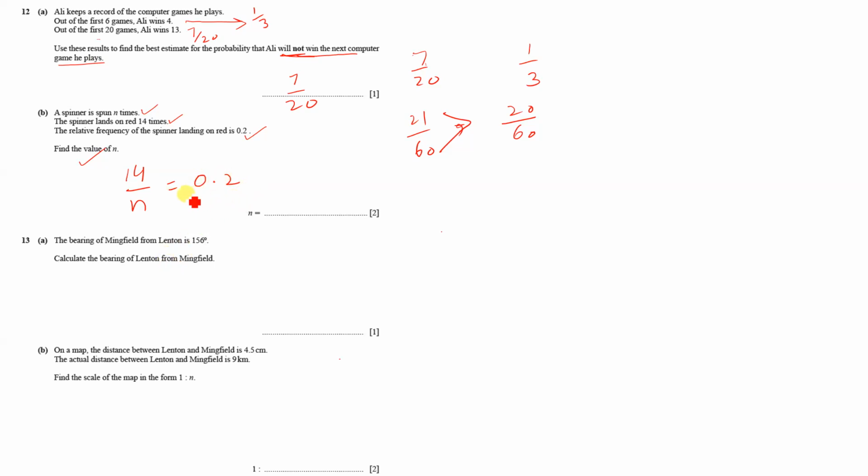So we need to solve this to find the value of n. So n would be 14 divided by 0.2. So that is equal to 140 divided by 2, and that is 70.